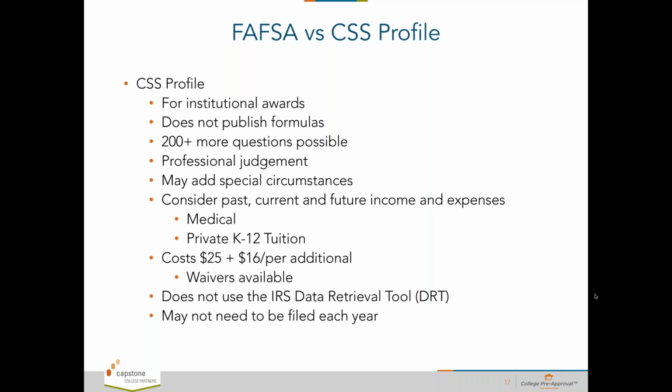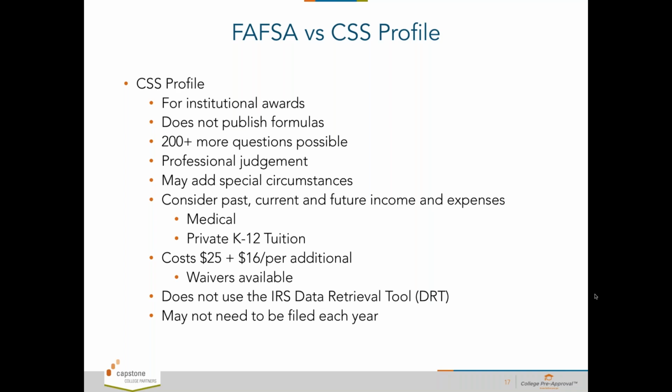So one of the other keys here is how do they look at, we talked about the federal form really just looks at the prior tax year from a financial standpoint. So they're just looking at that year's income. And on the federal form, they use what's called a data retrieval tool from the IRS. That data retrieval tool goes out and picks up all your information from last year's taxes and pulls in the vast majority of what you need from an income and tax standpoint right into the FAFSA form.